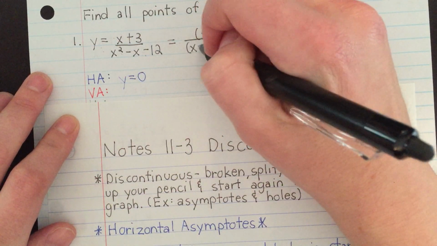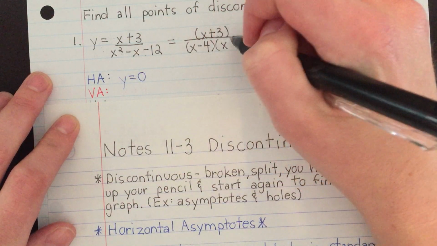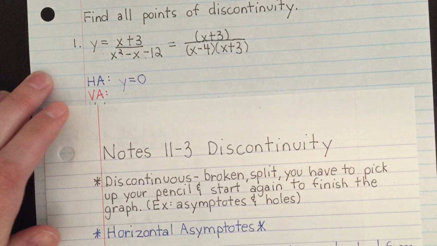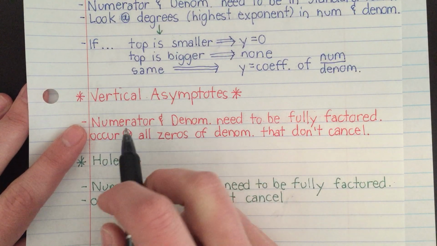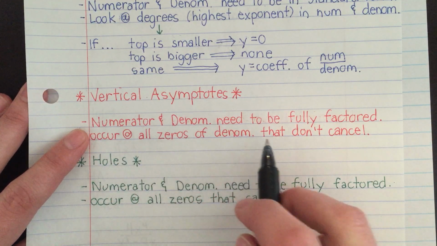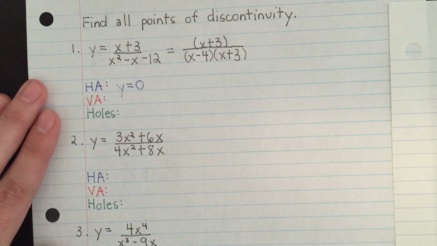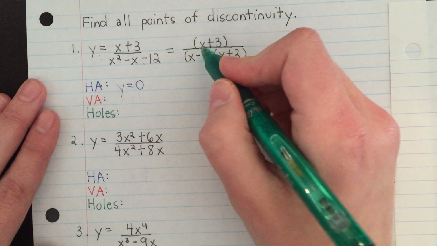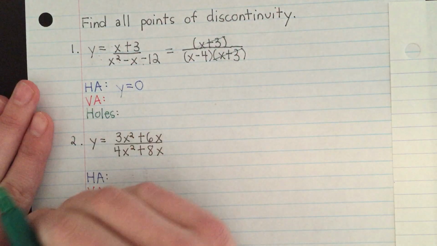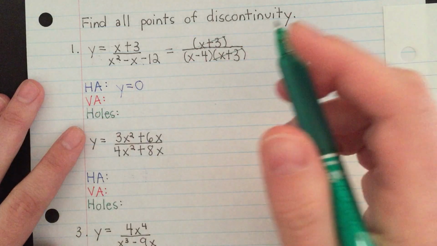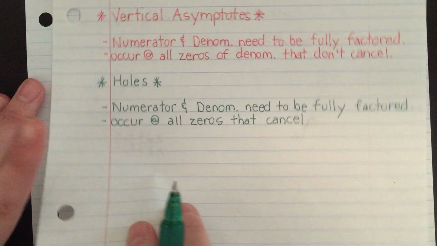So that would be x minus 4, x plus 3. After I've factored it, what I need to look at is all zeros of the denominator that don't cancel. Looking at the denominator, I have 2 zeros, but the x plus 3's are going to cancel. That's actually going to be my hole.